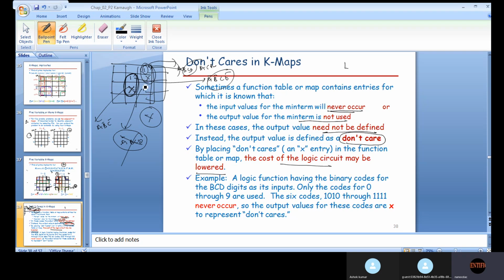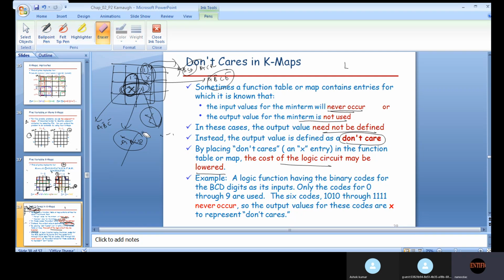And here also, by using one don't care term, one variable will reduce. So wherever it is possible I can use the don't care terms. By using the don't care terms, the cost of the logic circuit may be lowered.